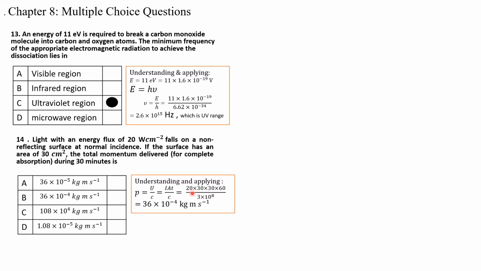So, I is 20 Webers per centimeter square, the area is 30, and the time is 30 minutes, which we have to convert into seconds.